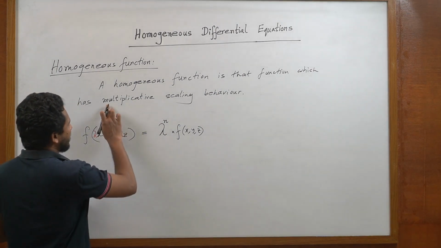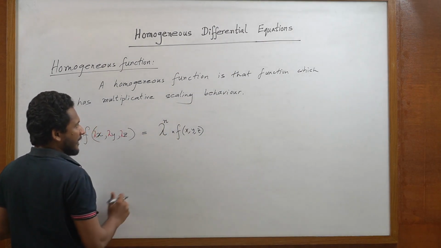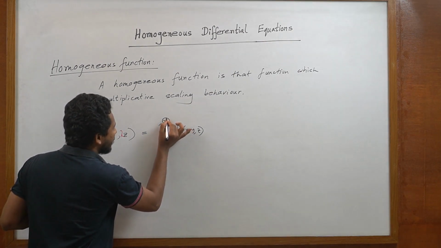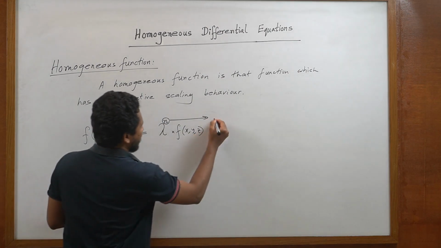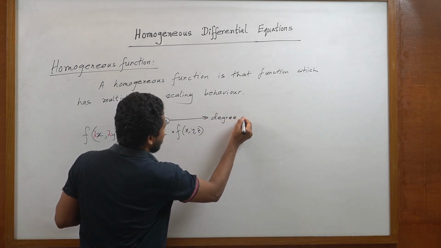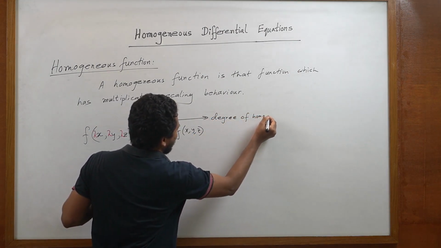This is the multiplicative scaling behavior, and this n is called the degree of homogeneity.